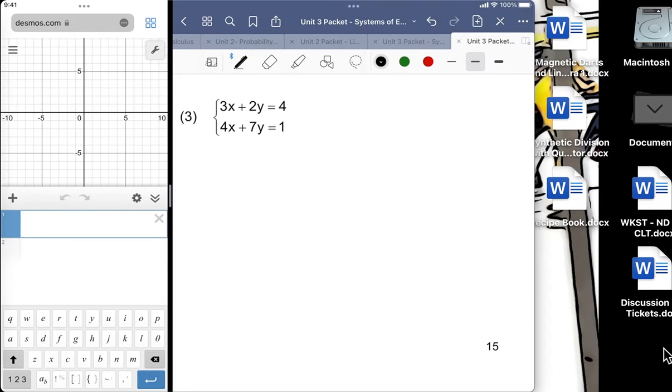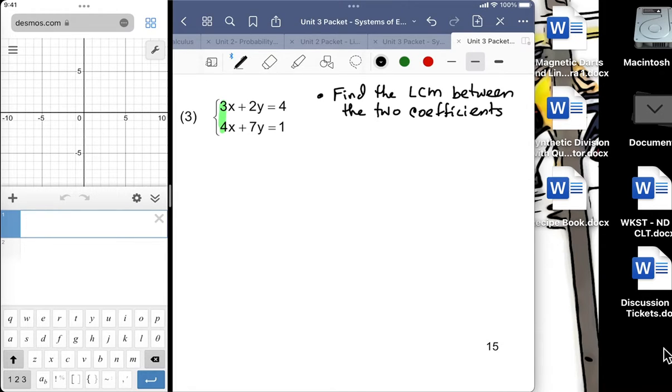So what we need to do is find the LCM between the two coefficients.